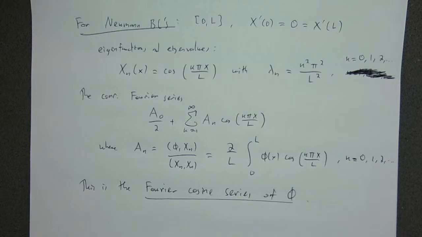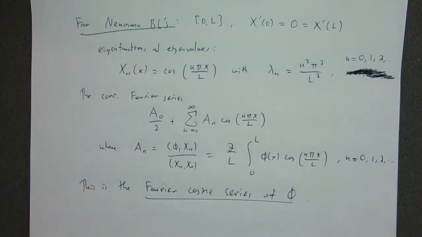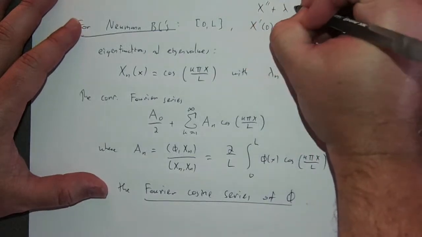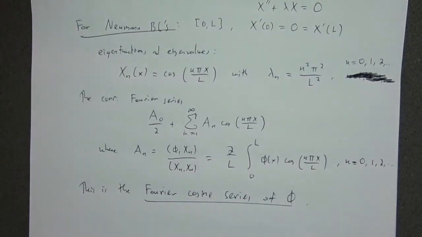It still remains to be seen what this has to do with PDEs, but at least now we know these eigenfunctions solve these special ODEs, these eigenvalue problems. And that is really the kicker, that they solve these eigenvalue problems. You'll see why that's so important in just a little bit.